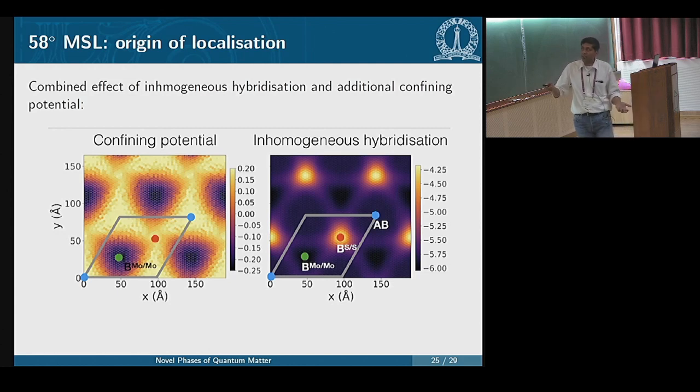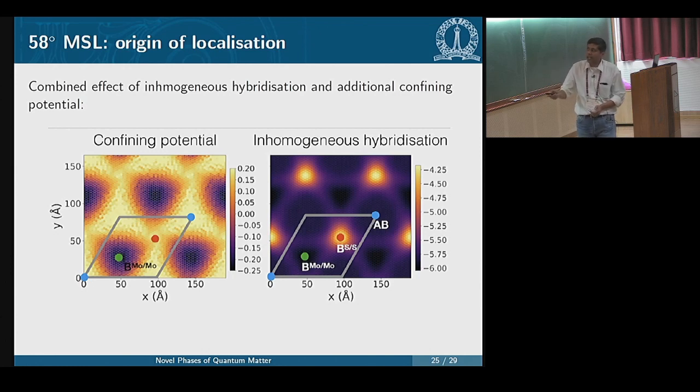But when you start plotting the confining potential, which is the in-plane potential, you start noticing these triangular patterns. And the scale of this is about half a volt. So basically, I have an array of half-volt equilateral triangular quantum wells, which is where my electrons and holes are getting localized.